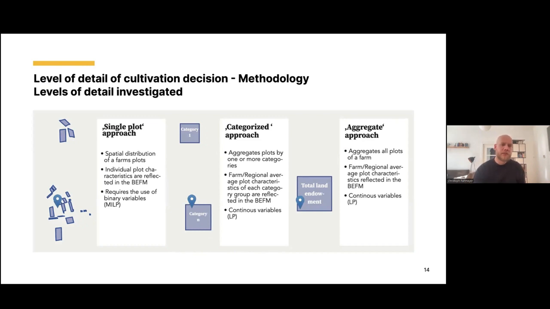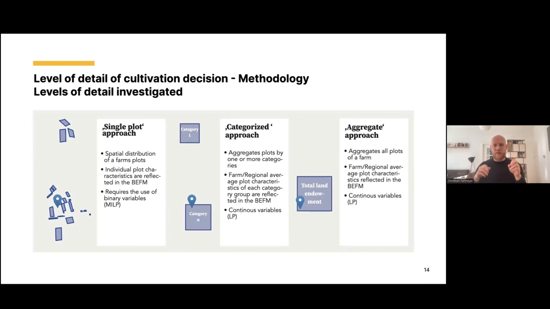So they probably wouldn't do it. Or let's say the soil quality on some other plot is too bad for a certain crop, so they wouldn't grow it there. That makes it more complex, and that requires the use of binary variables, so basically mixed integer linear programming or even non-linear programming, which makes it from a mathematical point of view a lot more complex to solve these kinds of problems, because we don't want to arbitrarily split plots, because farmers for a certain reason actually chose to cultivate the plot like it is.